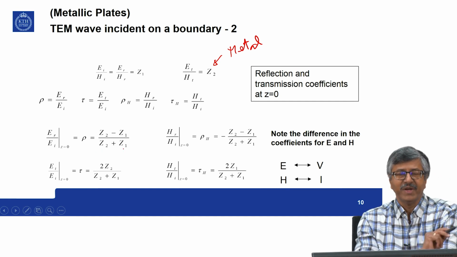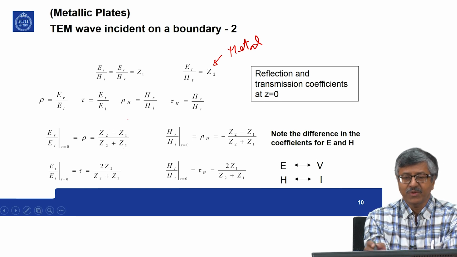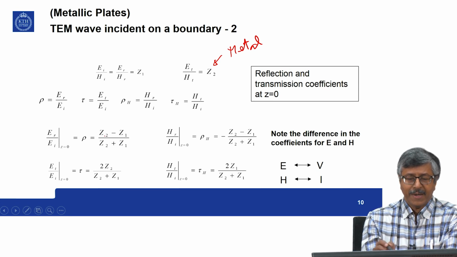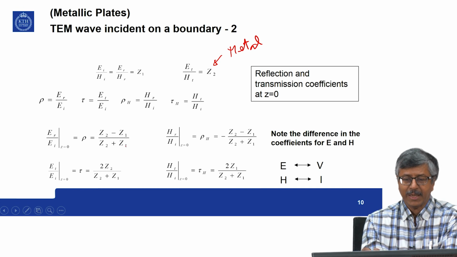This is for the electric field. Already you can see that since Z2 in metal is extremely small, this is a negative number, and this will be very close to 1 also. So, this will be very close to negative 1, but not fully like that.